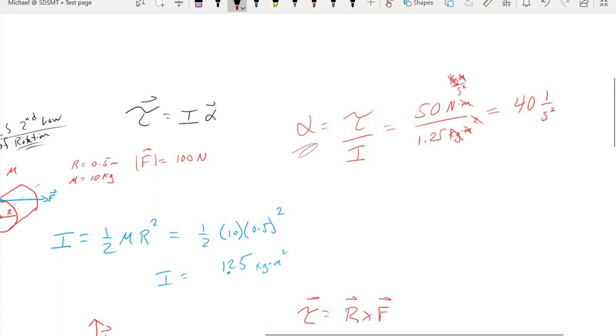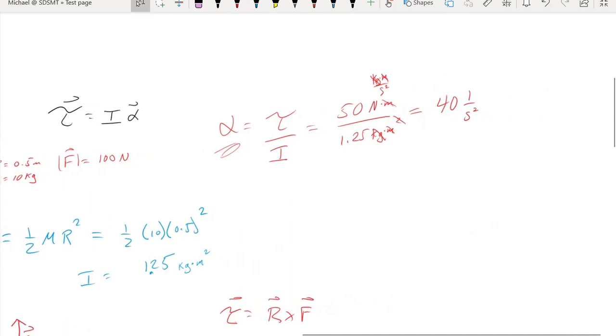And we're trying to solve for an angular acceleration. Well, from the previous video, we know angular acceleration should be in units of radians per second squared. Well, where are the radians?